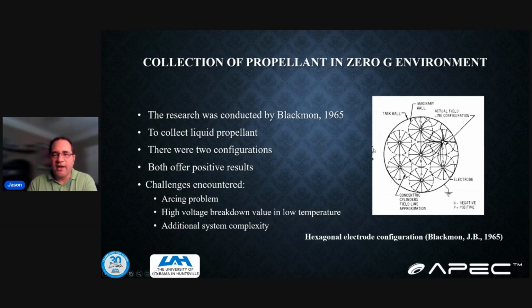So he was looking at how you could control that hydrogen and draw it to different electrodes and then down to the pump. There were a number of challenges that he encountered, including arcing and high voltage breakdown, and then additional system complexity. Then I think they picked this up again in the 70s to reconsider it, but it didn't really progress beyond those concepts. And then some early experiments that Dr. Blackman did.